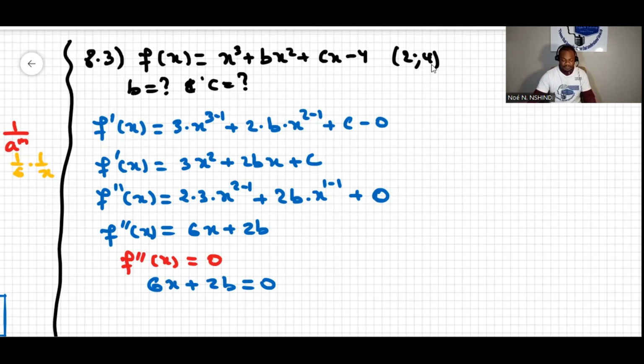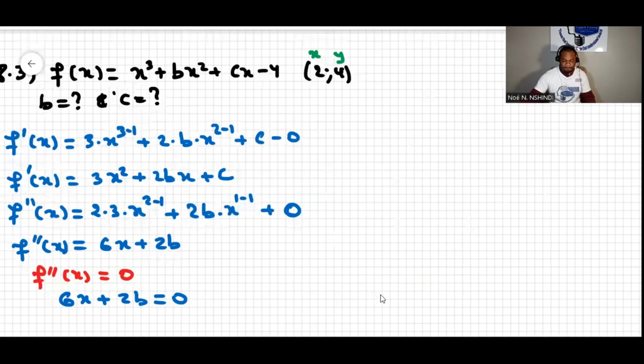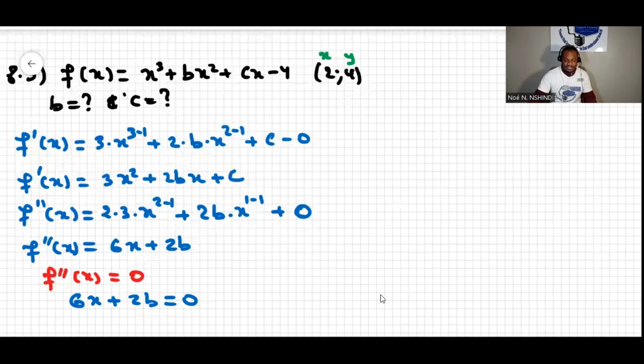Now let's substitute the inflection point. Over here, we can just substitute the point 2, 4.